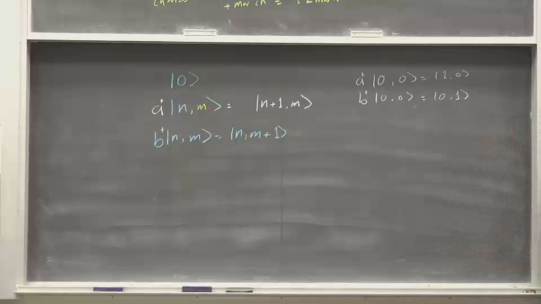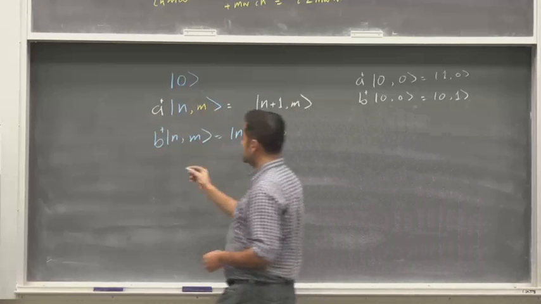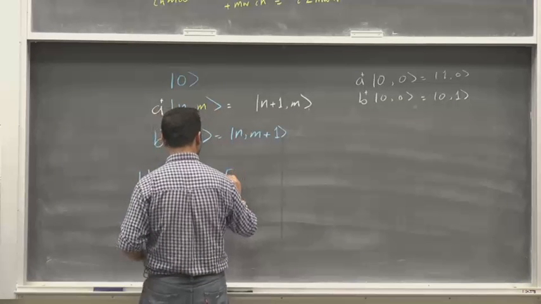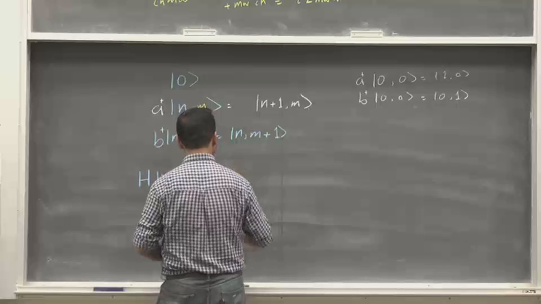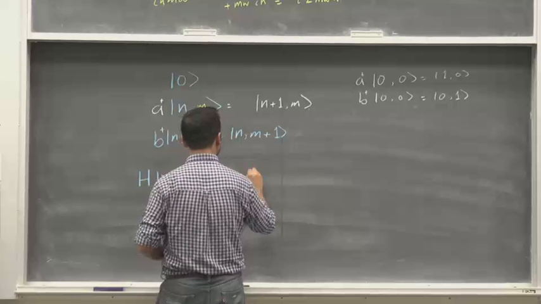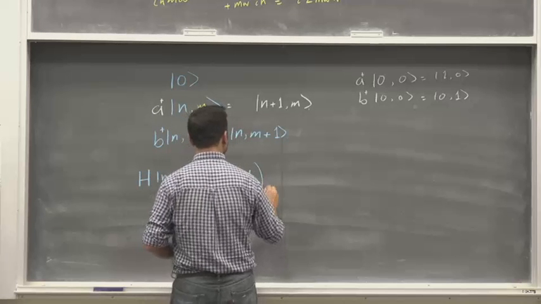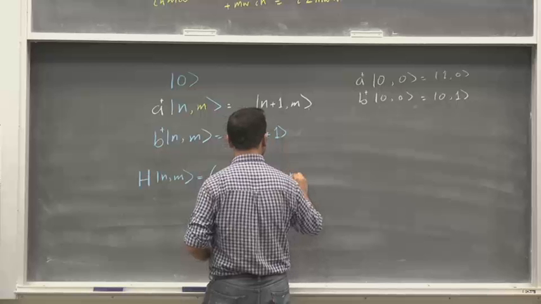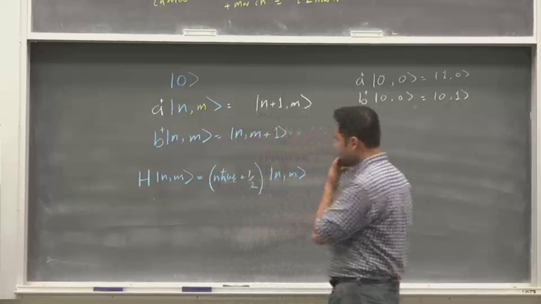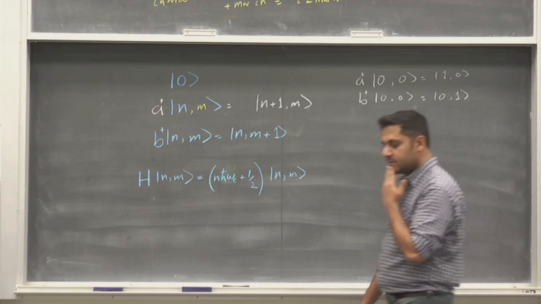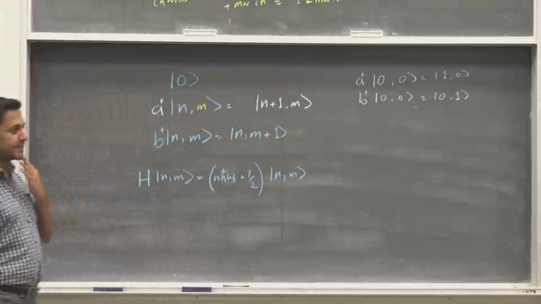But energy does not depend on M. Energy of any of these Landau levels just depends on N. Given that you've written out H in terms of A and A dagger, but if you write it out in terms of B and B dagger, then A and A dagger will be freely hanging.